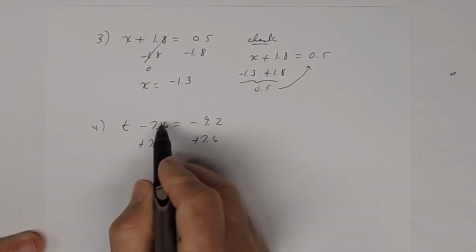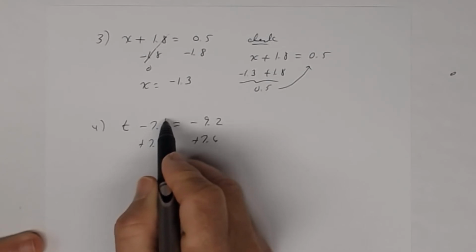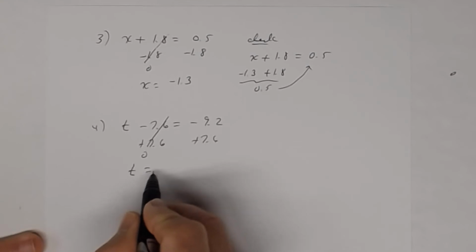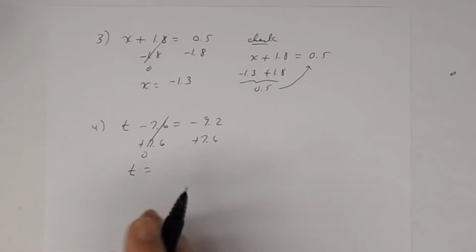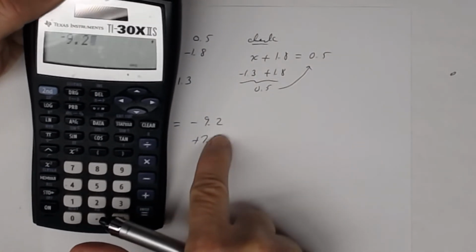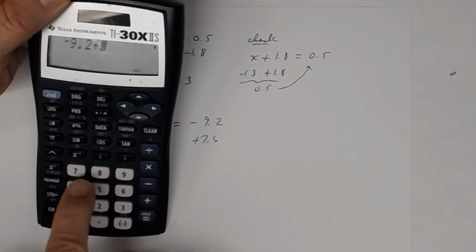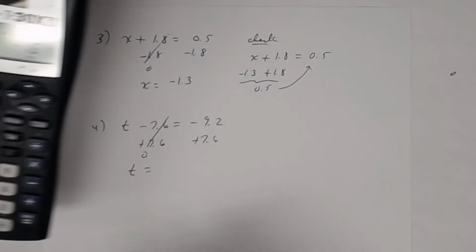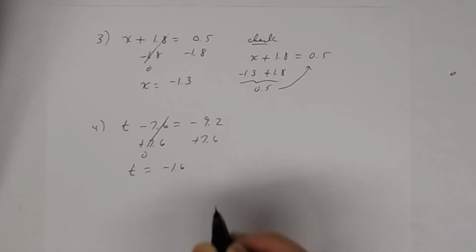Then combine like terms. Negative 7.6 plus 7.6 is 0. So I get t equals, and then using your calculator, negative 9.2 plus 7.6 equals negative 1.6. So that's negative 1.6.